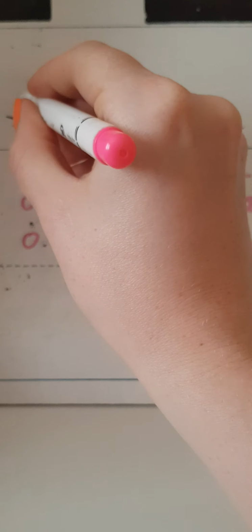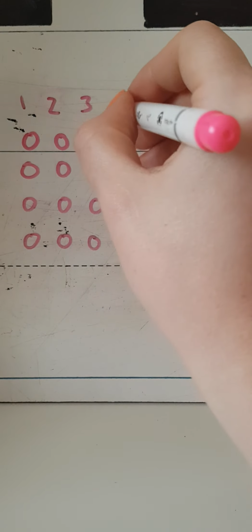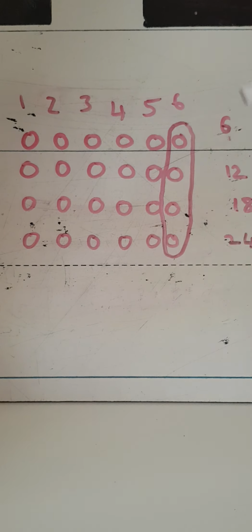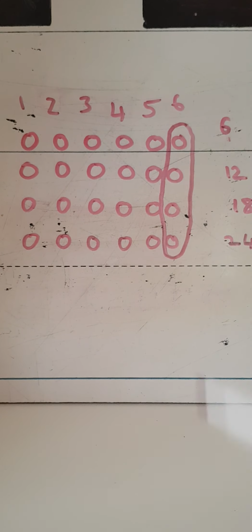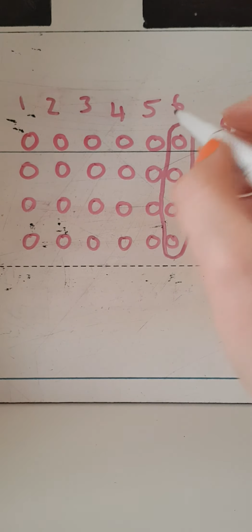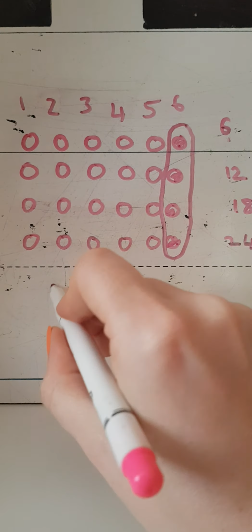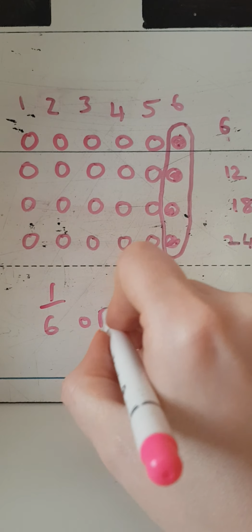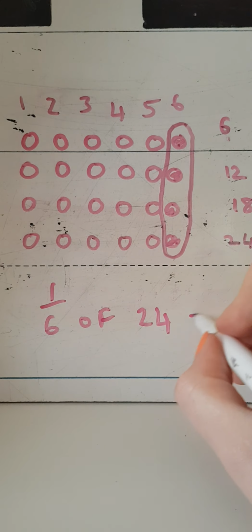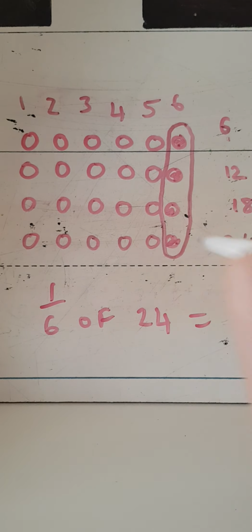Perfect. You can put them on top if you want. Okay, and this is one group of 6, so if I coloured it in, I would say 1/6 of 24 equals 1, 2, 3, 4.